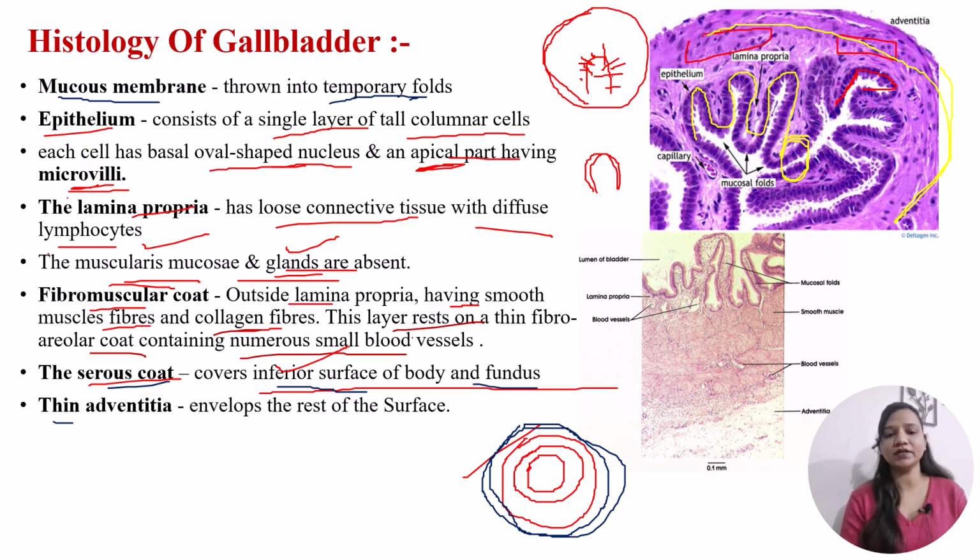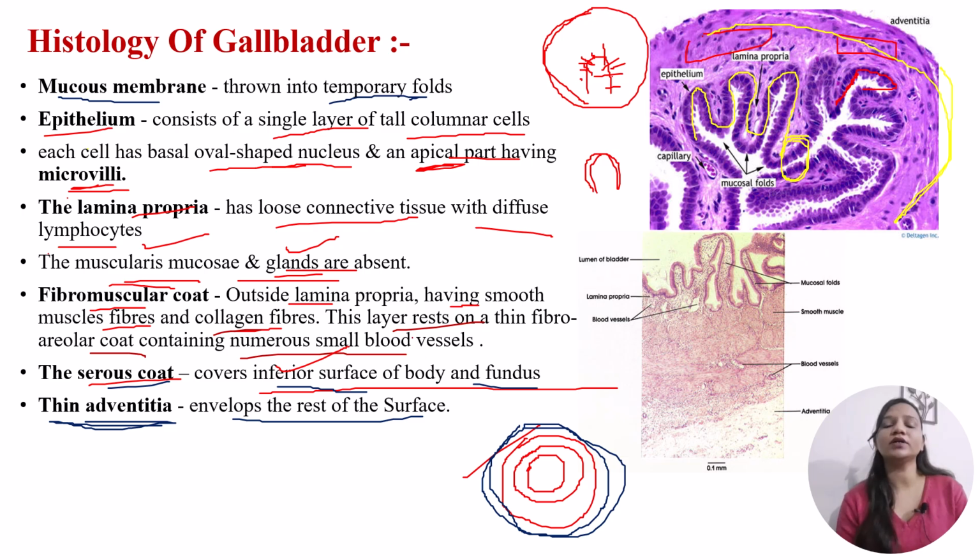And a thin adventitia envelops the rest of the surface, meaning the neck of the gallbladder and the superior surface of the gallbladder. As they are devoid of peritoneum, they are covered by adventitia. What is adventitia?